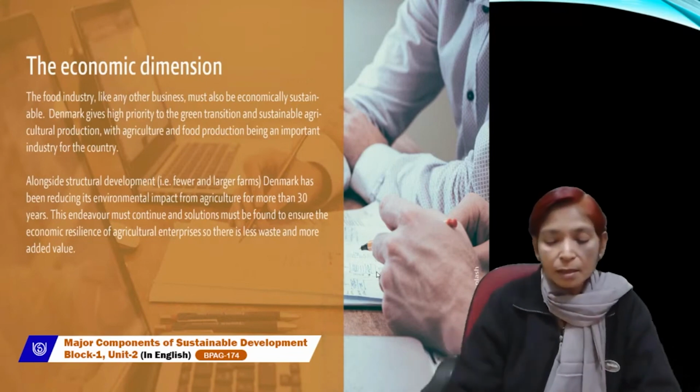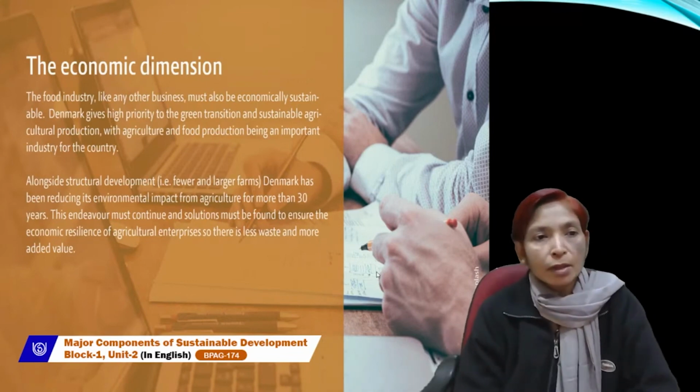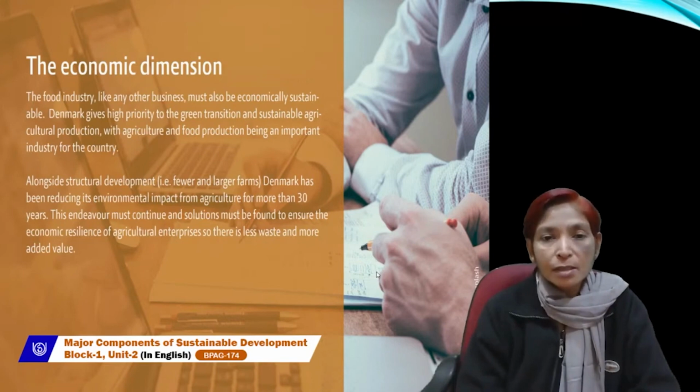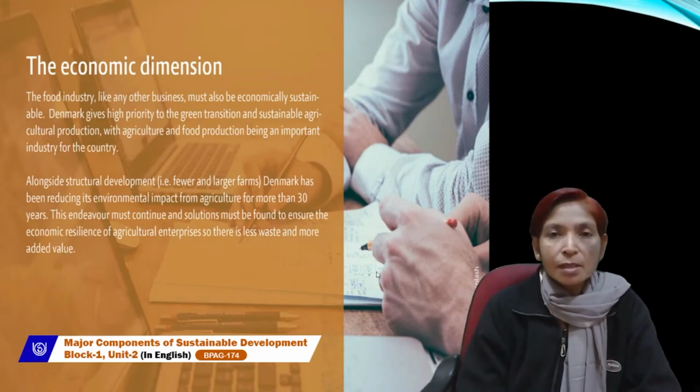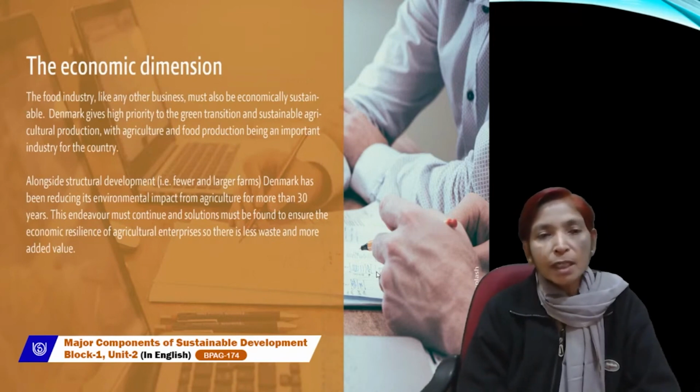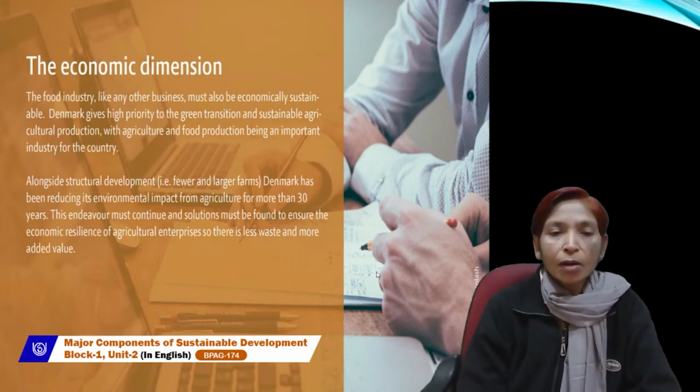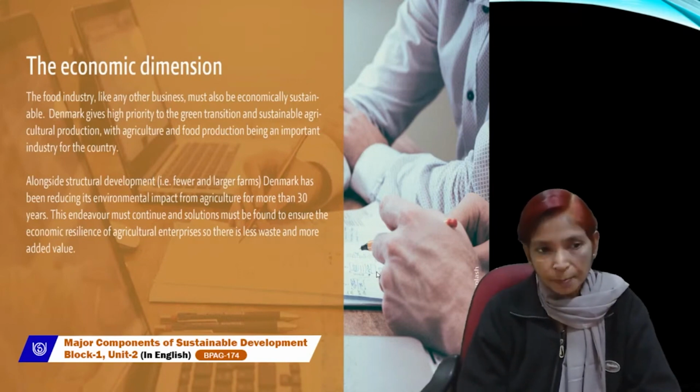Denmark is a good example of sustainable agriculture production. That's why the economic dimension mainly tells us that we should use all the available resources optimally and economically. Then we can achieve this target.